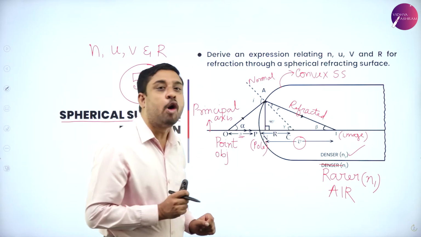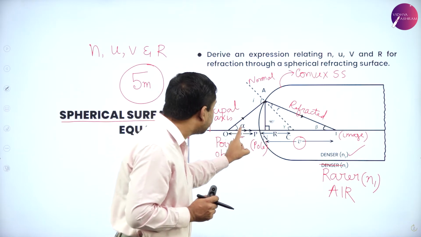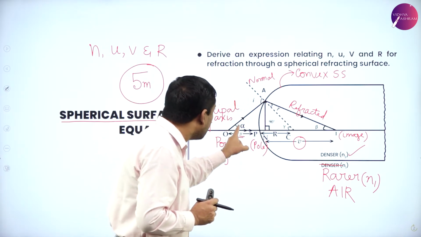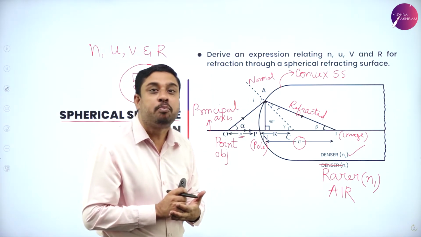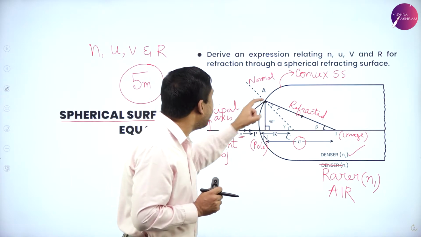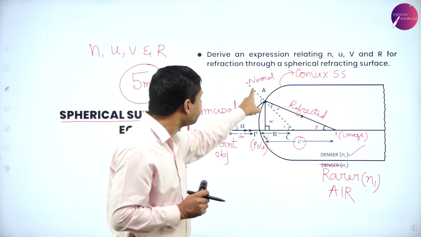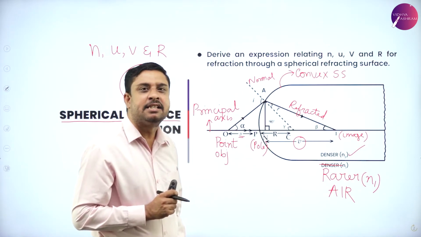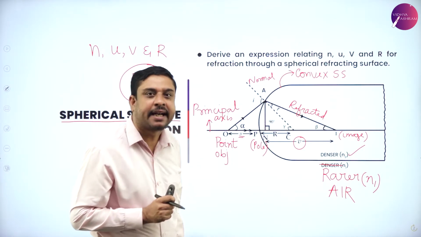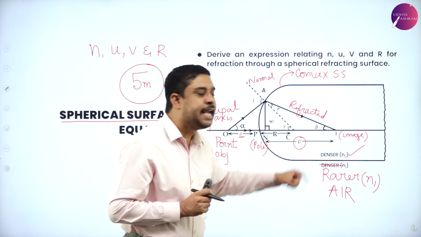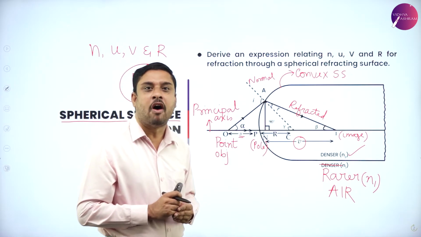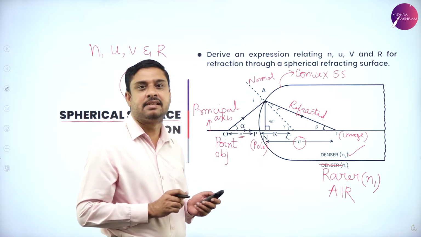O is the object at a distance u from the center, so u is called the object distance. OA is the incident ray. AC is the normal. AI is the refracted ray. I is the image of the object. And V is called the image distance.